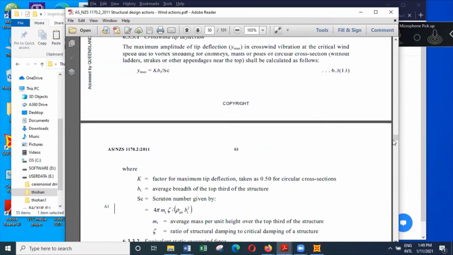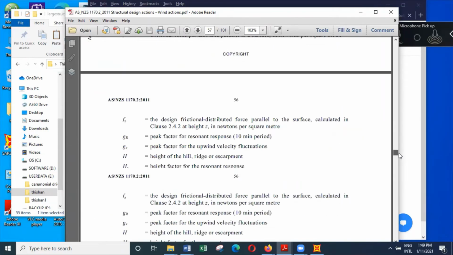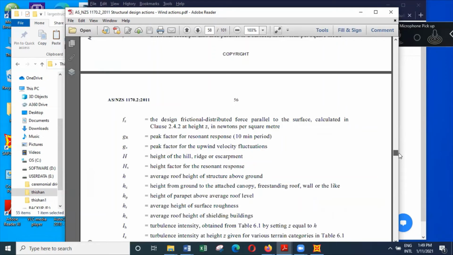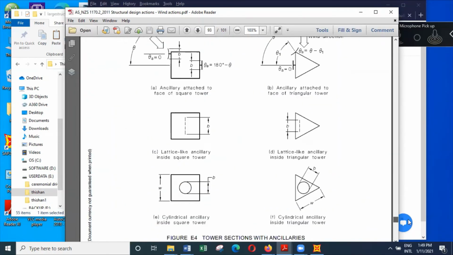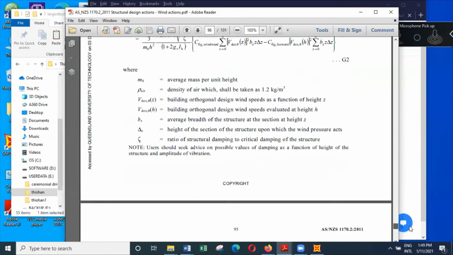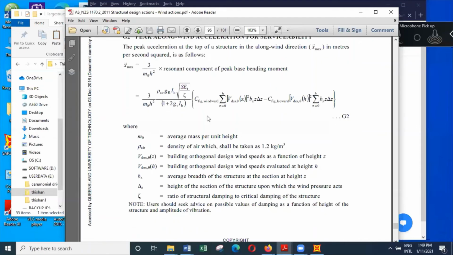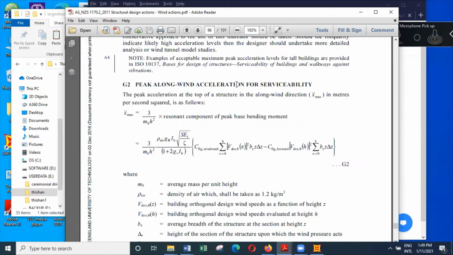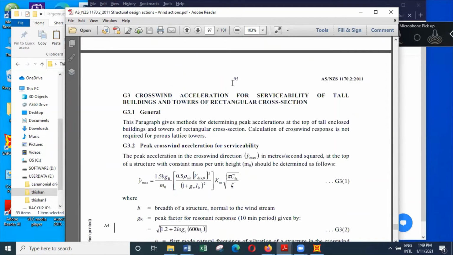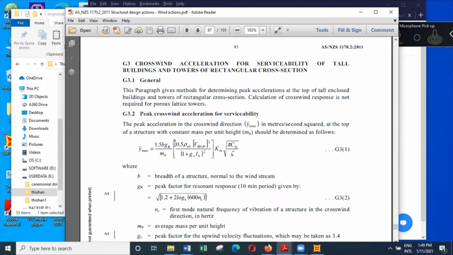And finally, there are quite a few appendices. And finally, it tells you how to calculate the peak along-wind acceleration and also how to calculate the peak crosswind acceleration.